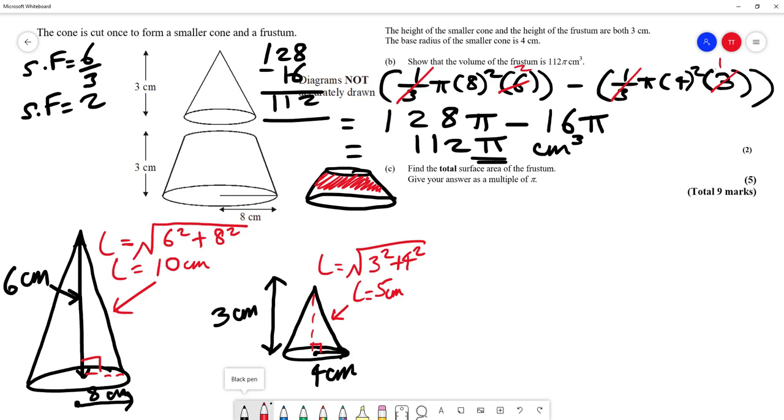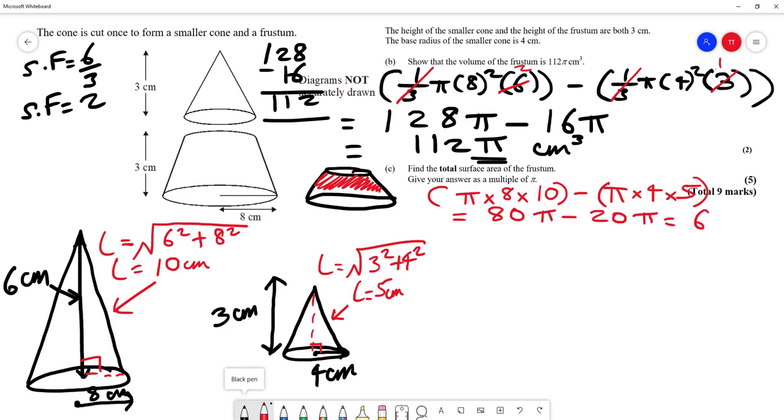So pi times the radius of the large cone, which is 8, times the slanted height, which is 10, minus pi times the radius of the smaller cone, which is 4, times the slanted height, which is 5. That's 80 pi minus 20 pi.